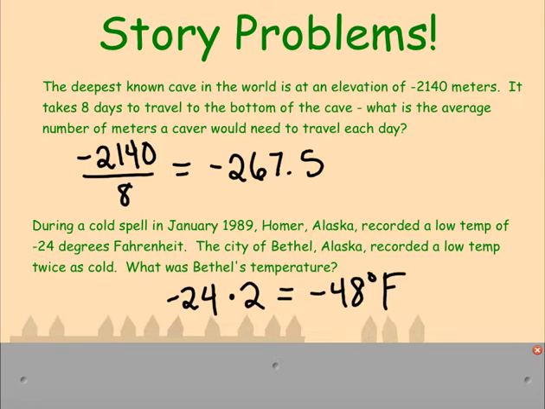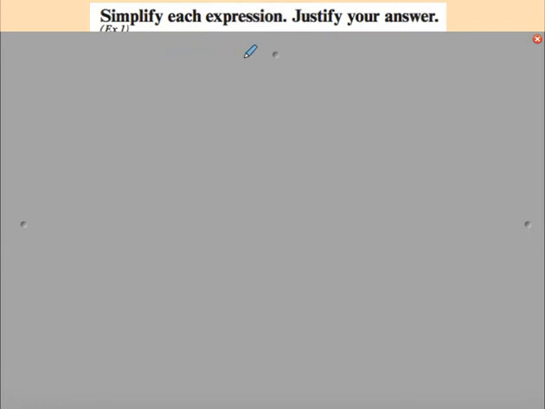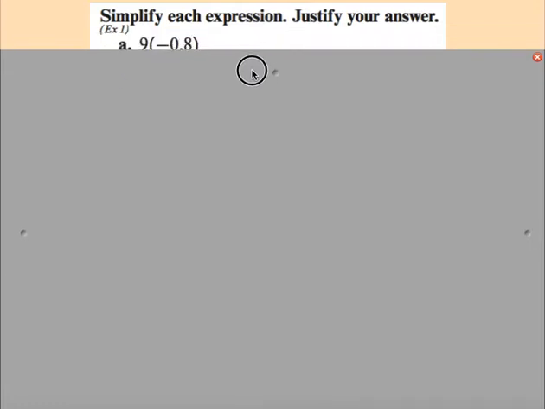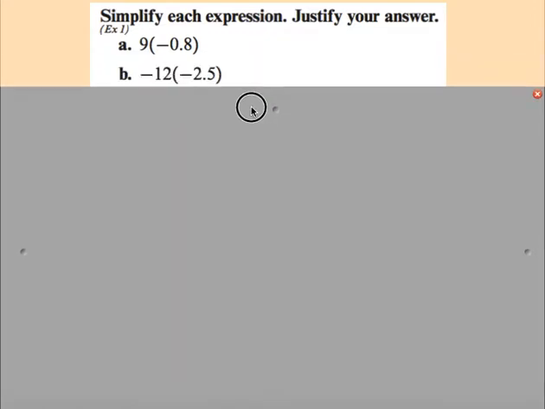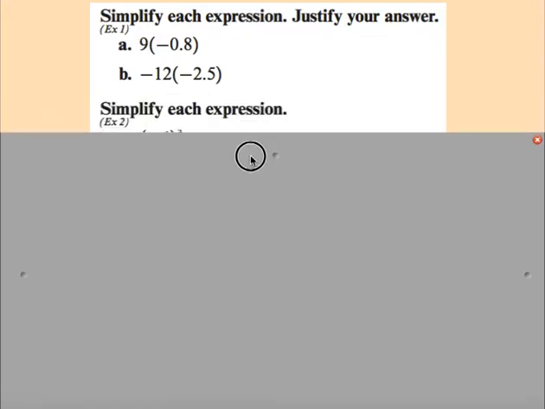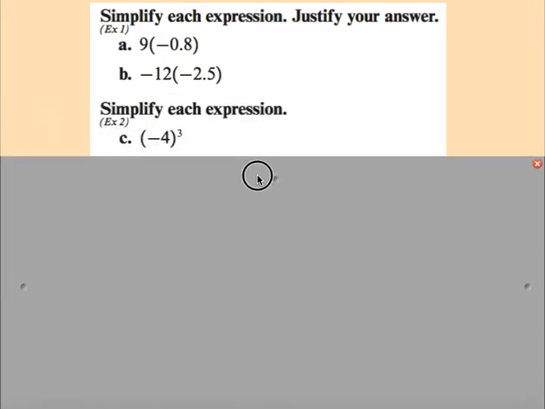So just to make sure that you understand the difference between some of these, let's look at whether each is going to be negative or positive. Two different signs, we're going to get negative. Same signs, we get positive. If we have (-4) to the third, that's -4 times -4 times -4.